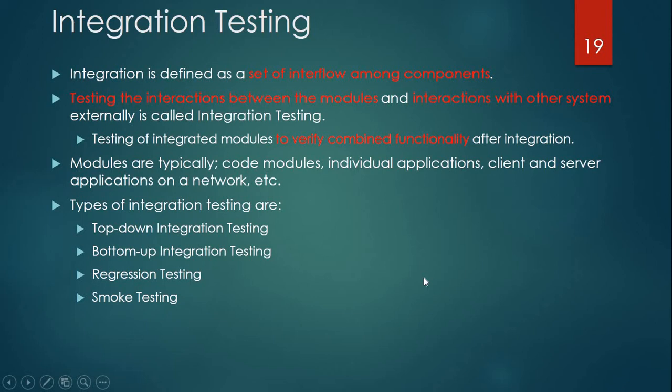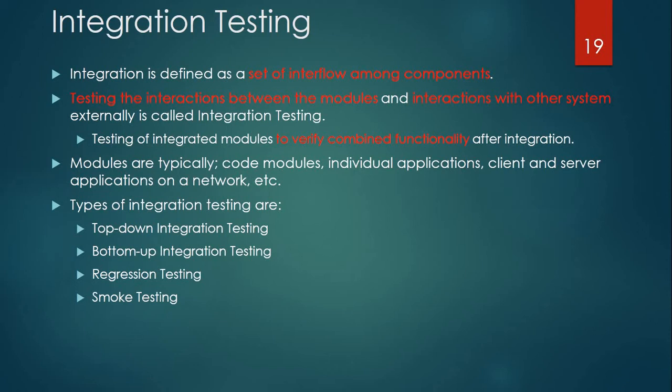Integration testing. The second testing is integration testing. Integration is defined as a set of interflow among components. If some modules are interrelated, then integration defines the set of interflow, meaning the information passing among those components. Testing the interaction between these modules, and interaction with other systems externally, is called integration testing.